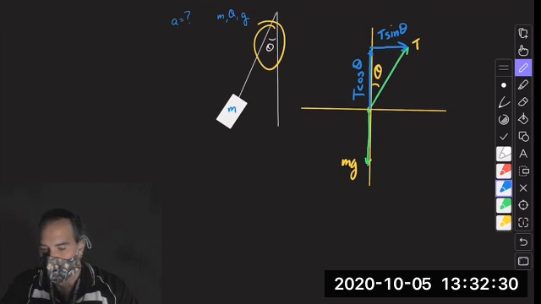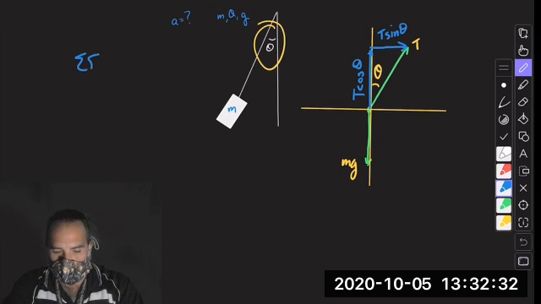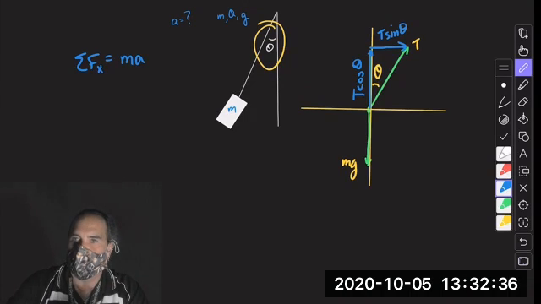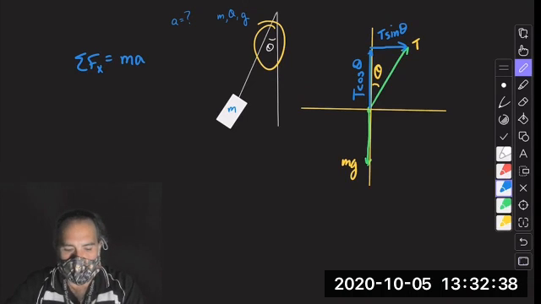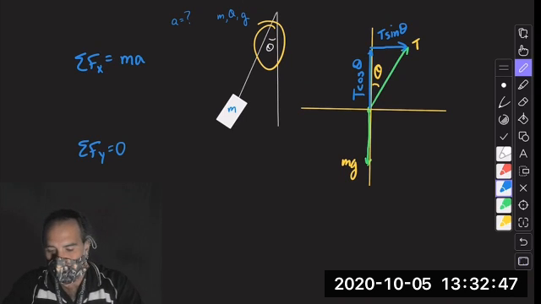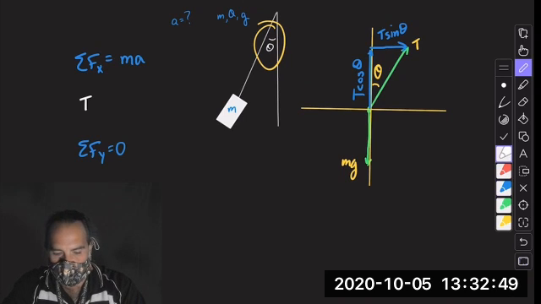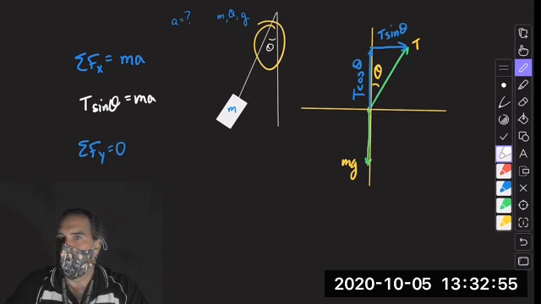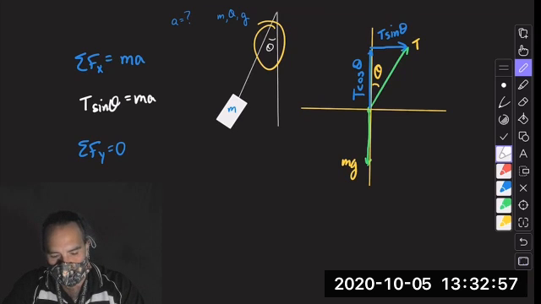Now, my net force in the x direction is not balanced. My system is accelerating in the x direction. But my net force in the y direction is balanced. That'll be 0. There's only one force in the x direction, and that's T sine theta. And that's got to equal ma. In the y direction, there are two forces. T cosine theta has to balance the weight.